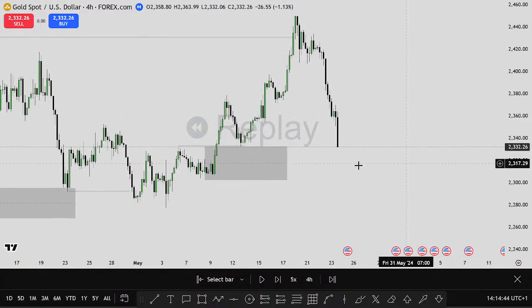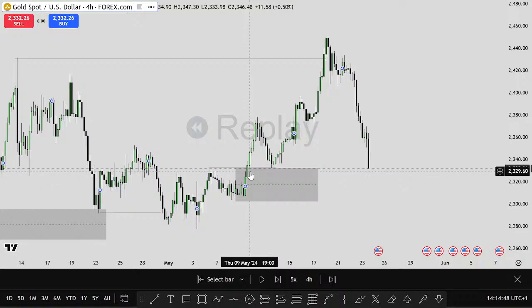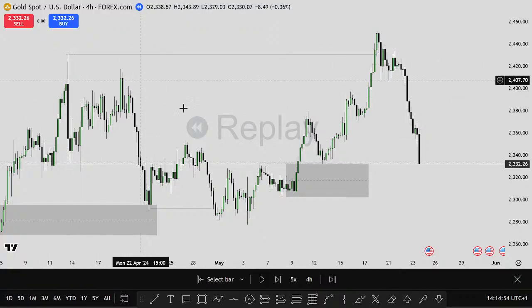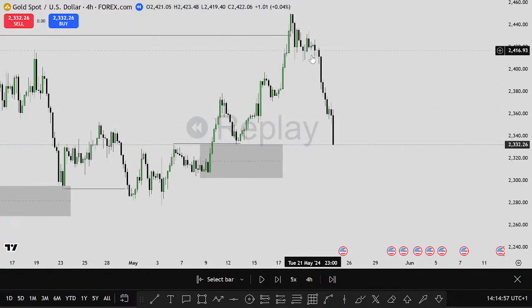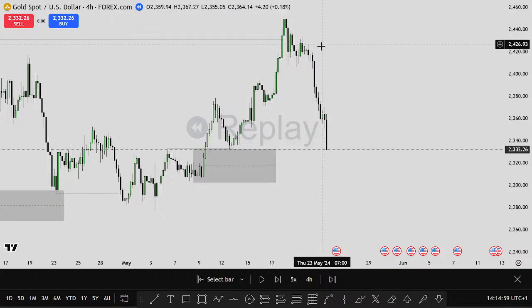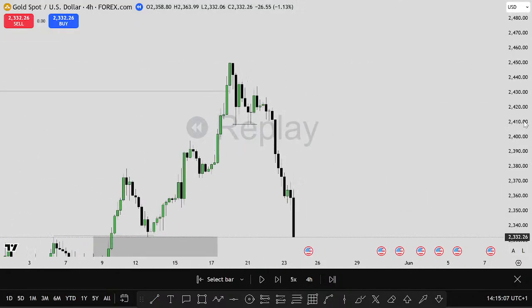So now that it has shifted like this, because like I said, if it breaks above here, then you're going to be looking at it going up to take out this high, the drawn liquidity. So now that it has shifted the structure down like this, although I would not take it as a confirmation because I need 2 breaks, I need to be careful if it has done 2 breaks of structure.